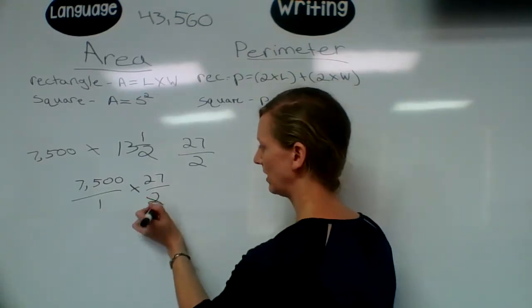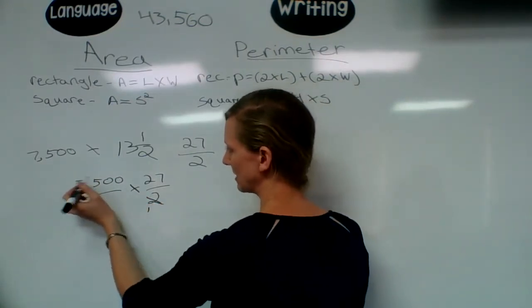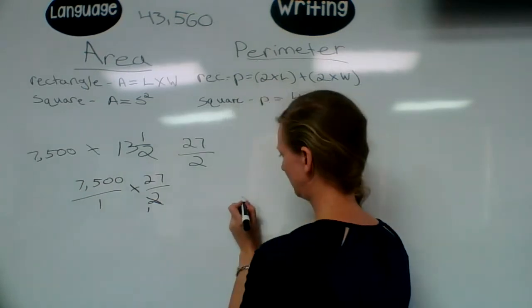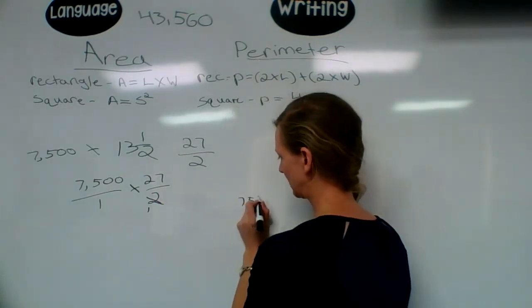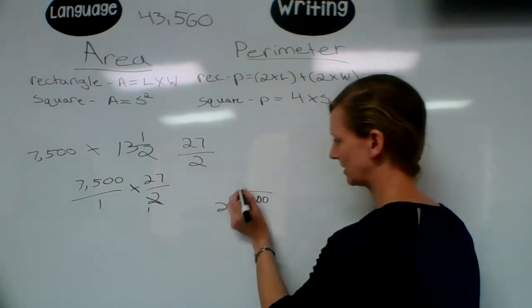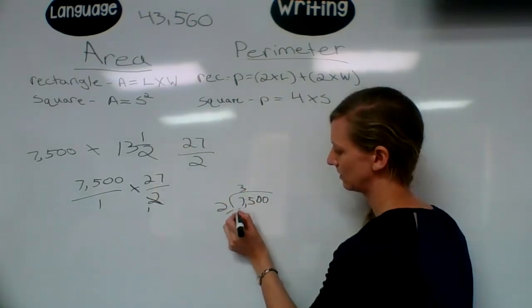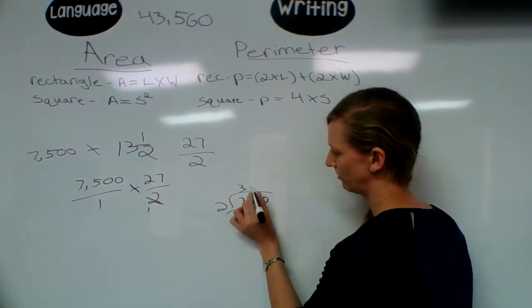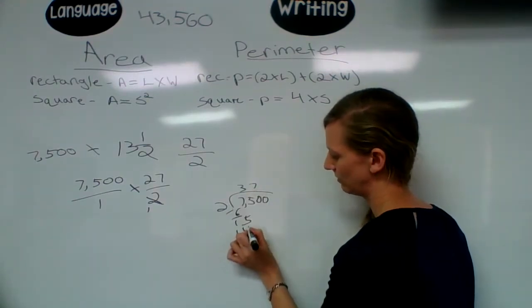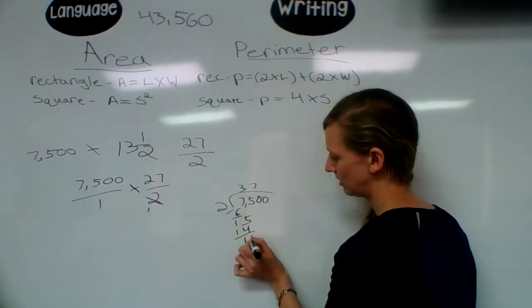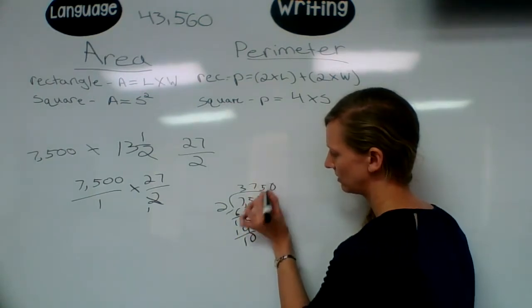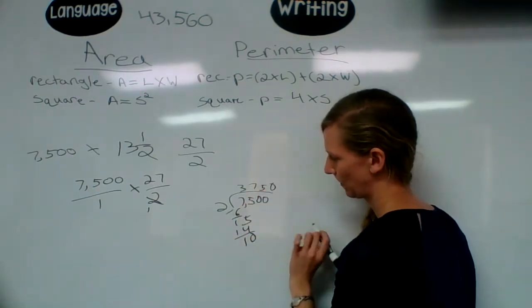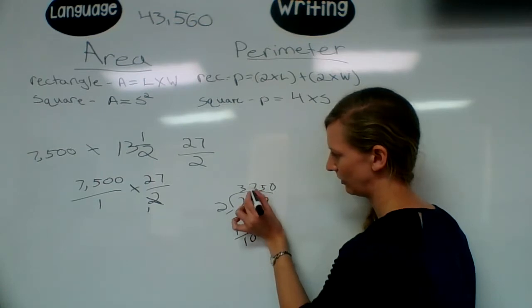So 2 goes into 2 once. 2 goes into 7,500. Let's figure out how many times. 2 goes into 7 3 times. 2 goes into 14 7. 1 left over. 5 0. Okay? And then don't forget your comma.